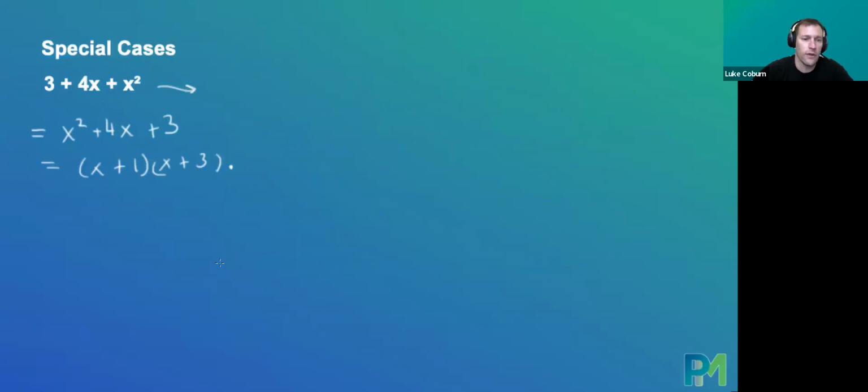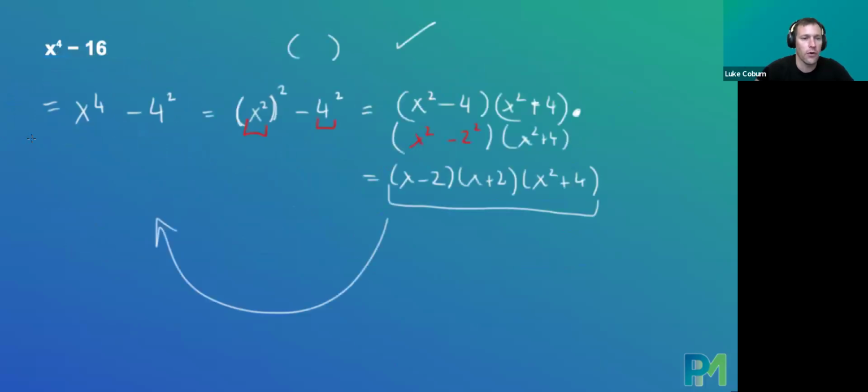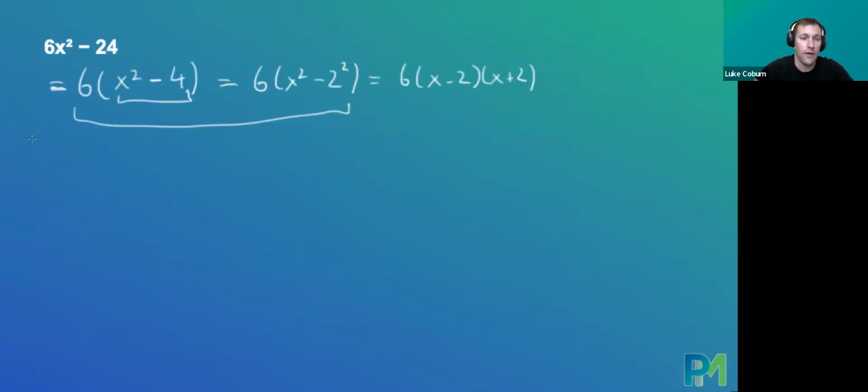Then we had other questions, which I was calling special cases, where you had to do a little bit of preparation, to tidy up a little bit, before you were ready to go. That was also true with this example: we had to take that x to the power 4 to make x squared be squared. That was true with this example: we had to take the 6 outside. So sometimes we have to do some tidying work before we can actually apply a method.